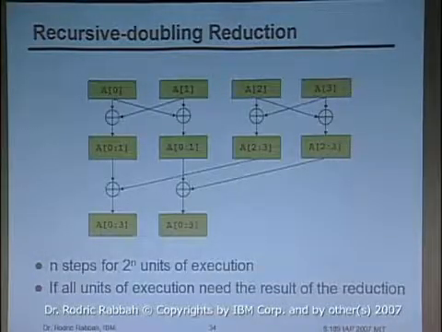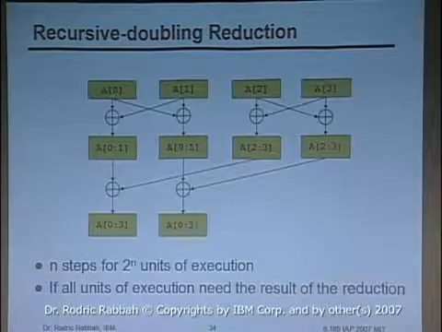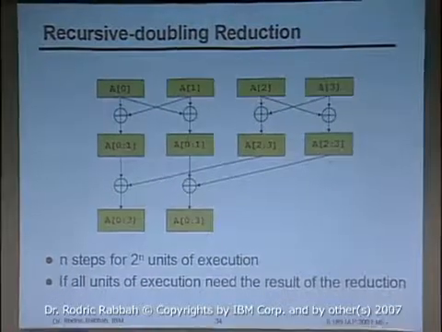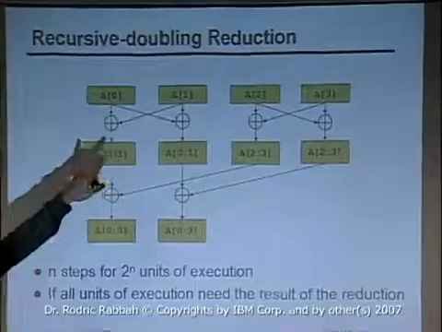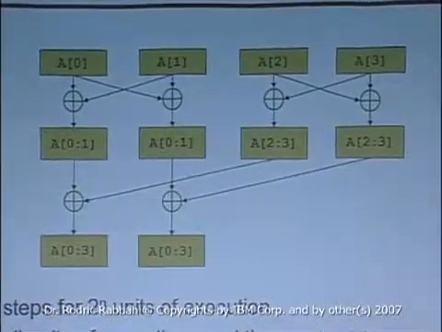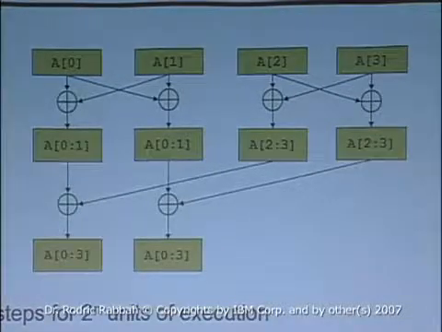So you can do a recursive doubling reduction. At the end here, every process will have the result of the reduction without having done a broadcast. We can start off as with the tree-based approach and add up A0 and A1 together. But for each process that has a value, we do a local exchange.